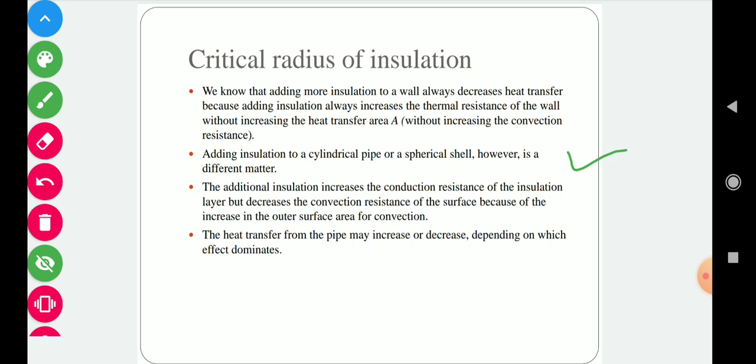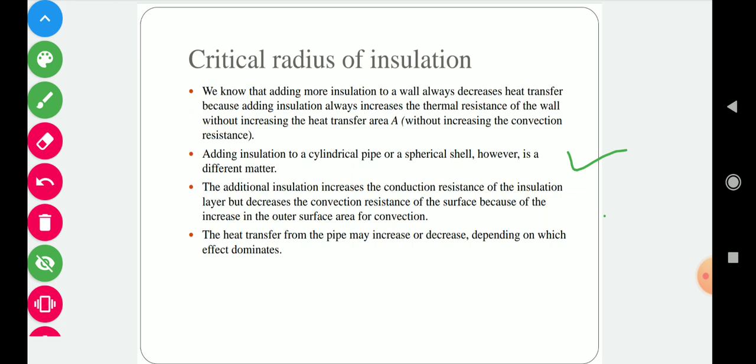So the overall radius of the object will increase, and due to the increase in radius, the total surface area available for convective heat transfer will also increase, because the area is a function of radius in both cases. That is, for cylinder and sphere, the surface area is a function of radius. So when we apply insulation, it increases total surface area, and that area is responsible for convective heat transfer.